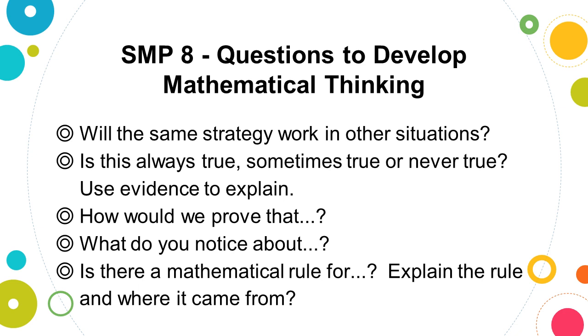Or what did you notice? Is there a mathematical rule? And explain that rule to me. What would happen if? Or what predictions or generalizations can this pattern that you've explained to me support? And what mathematical consistencies do you notice?